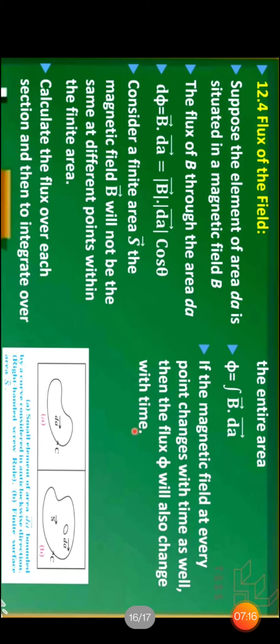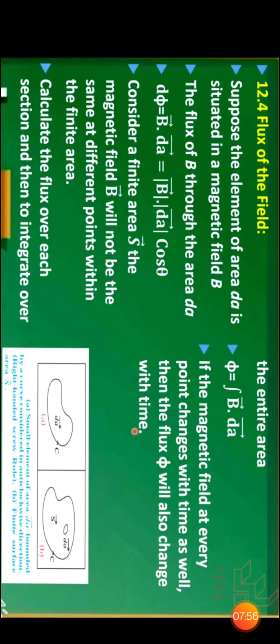Now we can see our next topic, flux of the field. Suppose a small element of area dA is situated in a magnetic field B. The flux of B through the area dA is d phi is equal to vector B dot vector dA. Therefore we can write mod of vector B into mod of vector dA into cos theta.